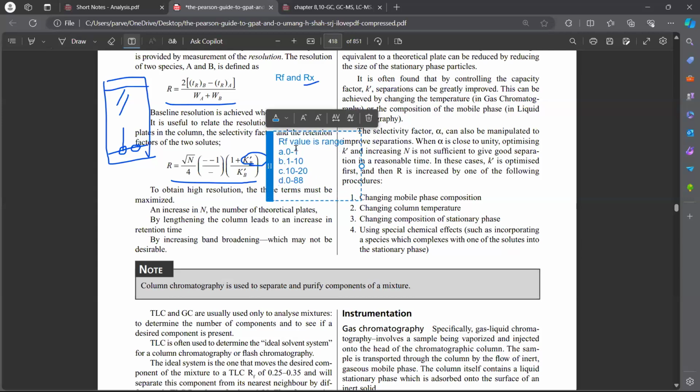The Rf value ranges from 0 to 1. It is never greater than 1. Great, guys.